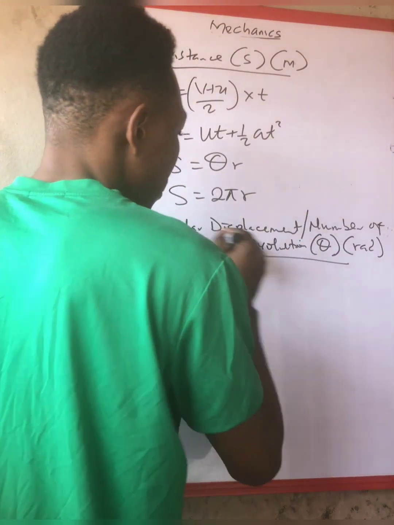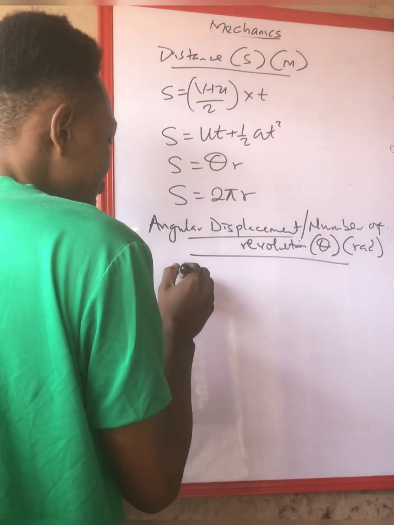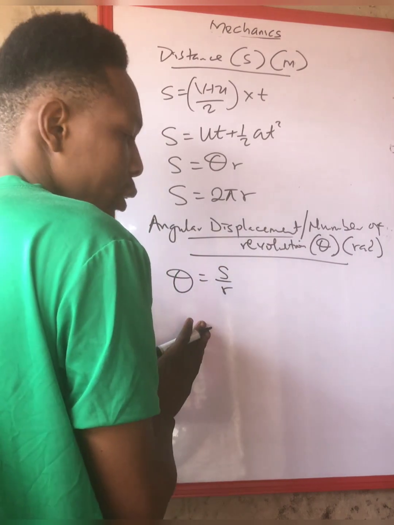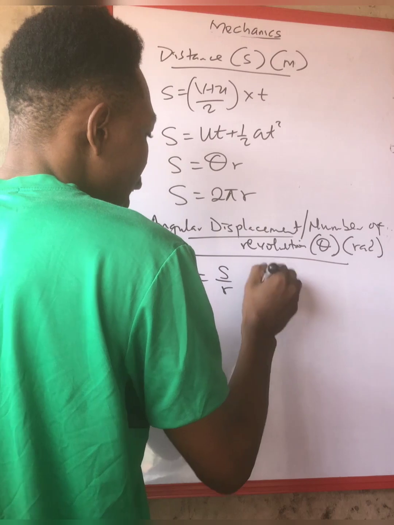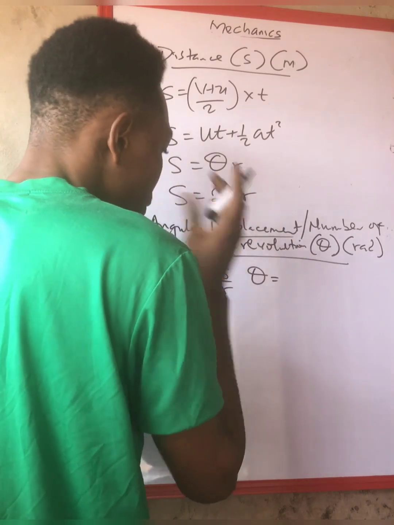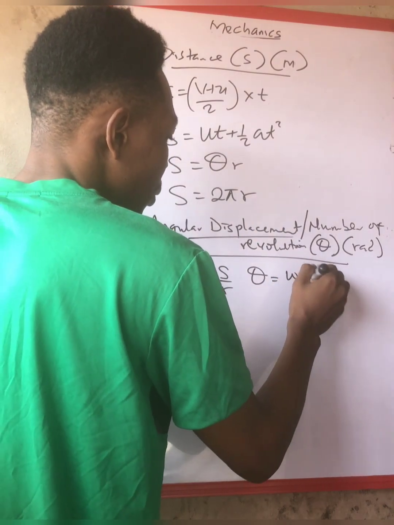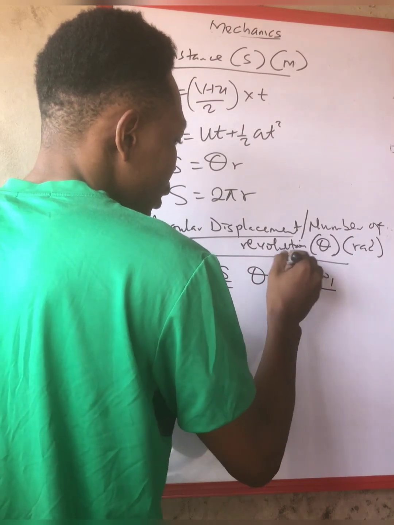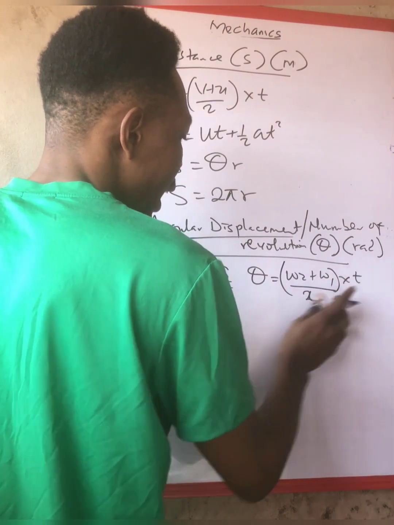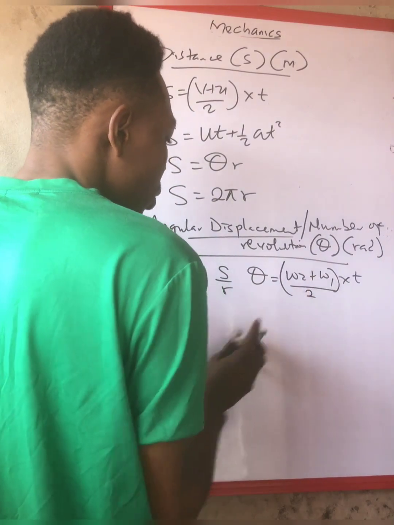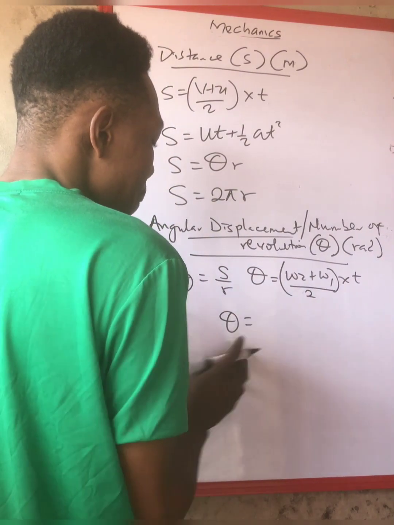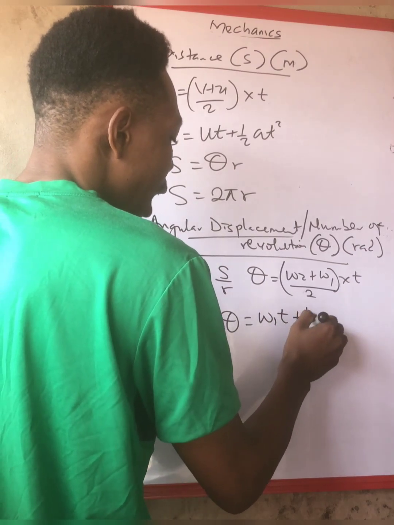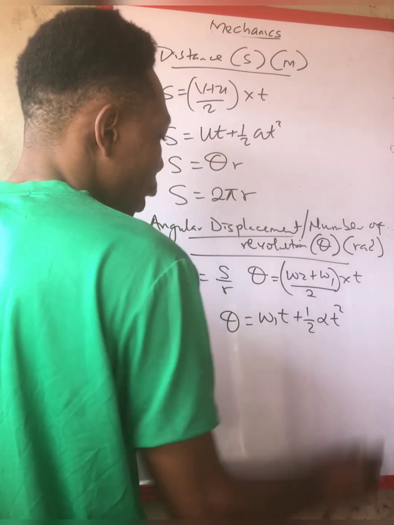Now from here, our theta is equal to distance over r. So our theta is also equal to W2 plus W1 all over 2, times time. So we also have theta equals W1 t plus half alpha t squared.